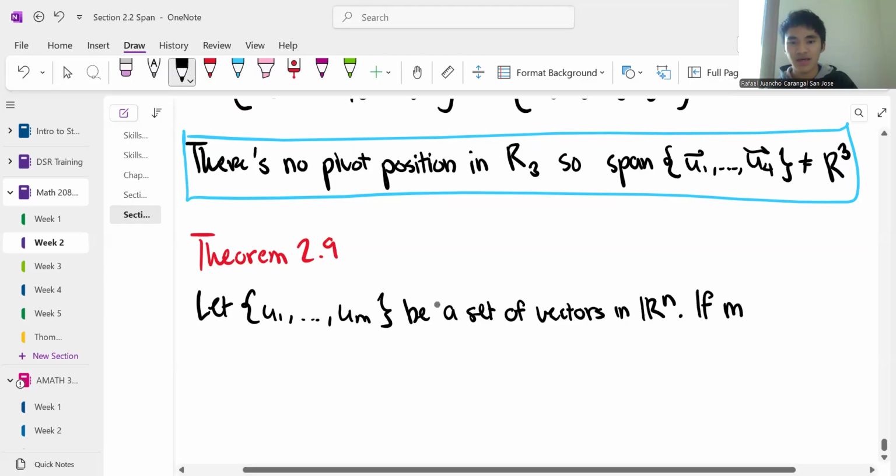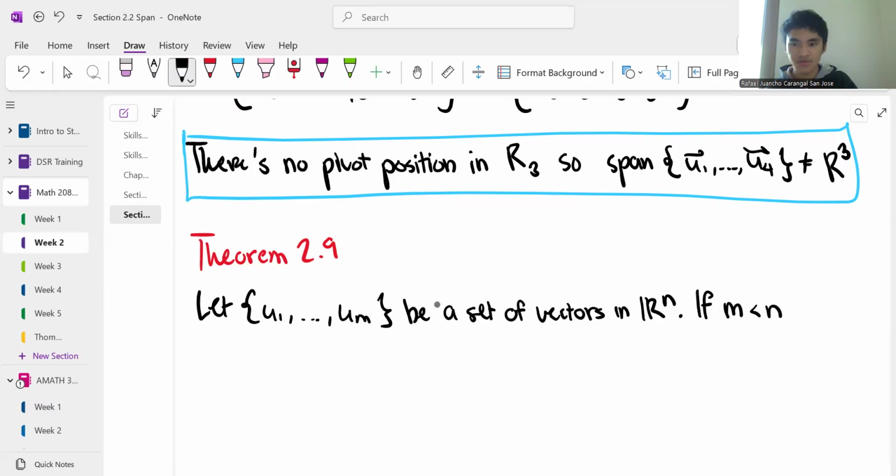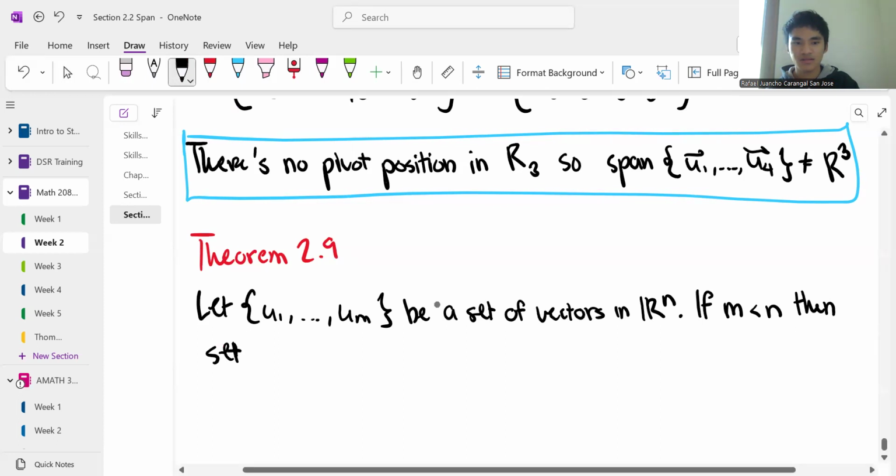If m, the number of vectors in the set, is less than n, then the set does not span Rn.